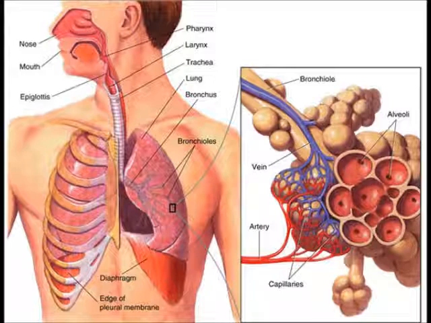Now, this partial pressure of oxygen, you would see it written like this, PaO2, and you would see PO2. This is in the air. This stands for alveolar, and this stands for what? Arterial. So if you see those, you know what I'm talking about.